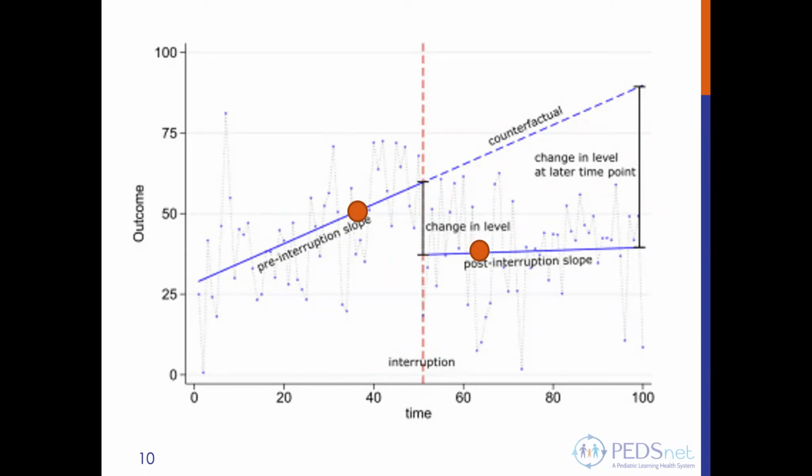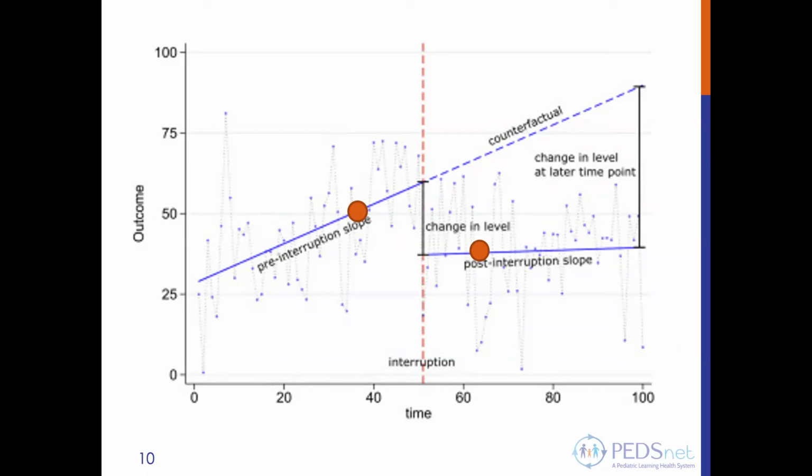But if you have multiple assessments beforehand, such as shown on this chart with all those purple dots, you have a slope that you would predict to be going up afterwards. But in fact, what you see is not only a change in the intercept, but you see a change in slope afterwards. So you can mitigate against the historical or maturation effects to some degree by having the repeated assessments.